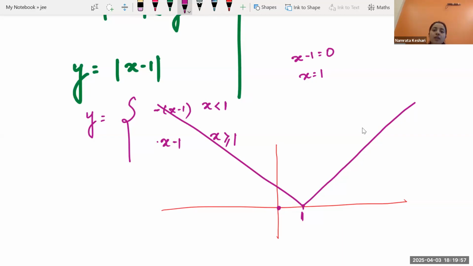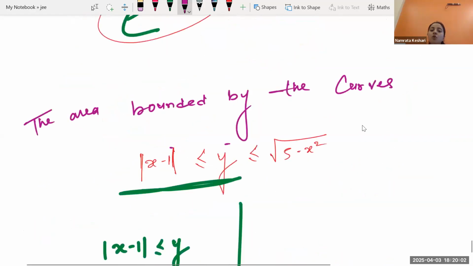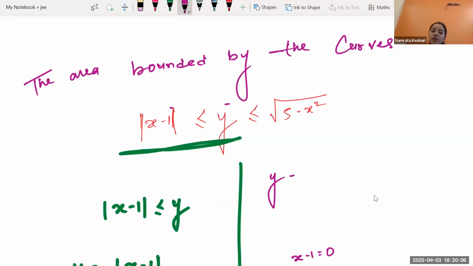Now the other one is this inequality: y is smaller than or equal to root of 5 minus x square. That means we can write y equals root of 5 minus x square, which means y square is equal to 5 minus x square.